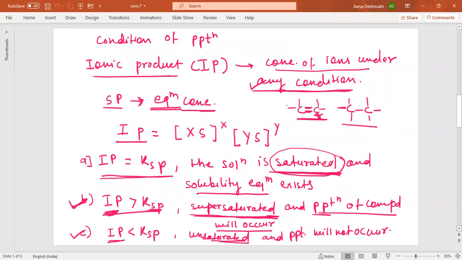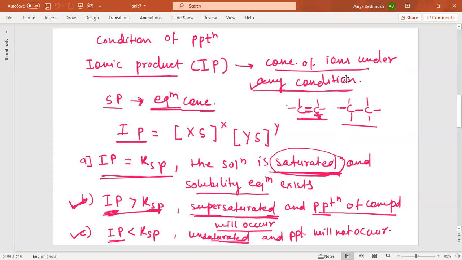Now the next would be the condition for precipitation. Here comes a new concept, that is ionic product. We already talked about the ionic product of water. The ionic product of an electrolyte is defined as the product of the concentrations of the ions under any condition.